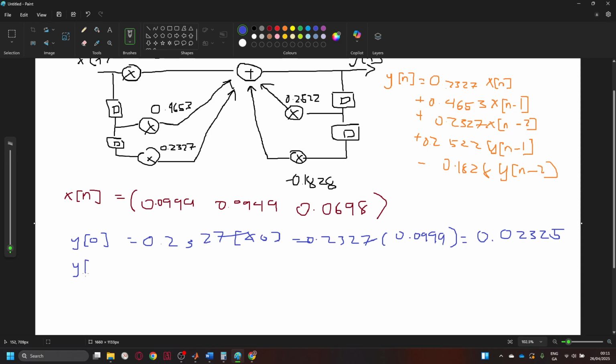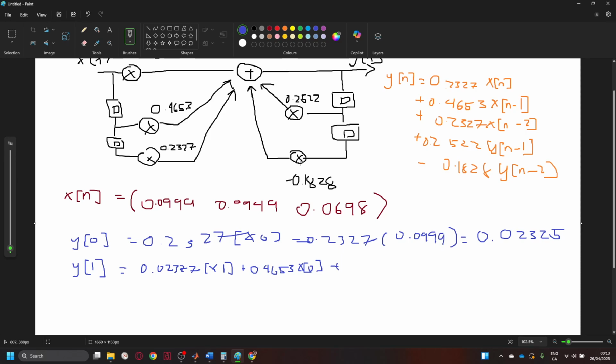So it's going to be 0.2327 multiplied by x of 1, plus 0.4653 multiplied by x of 0, plus, we don't need this because it's not yet there, so that's just a 0.